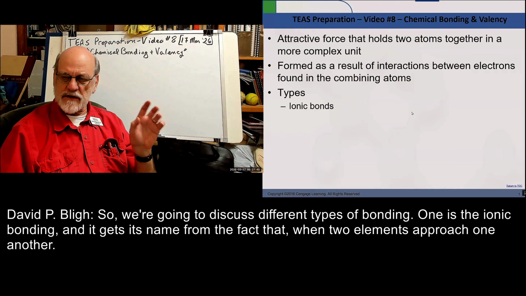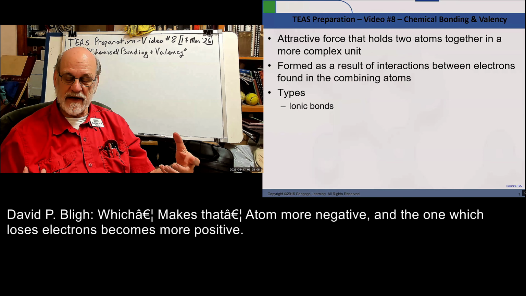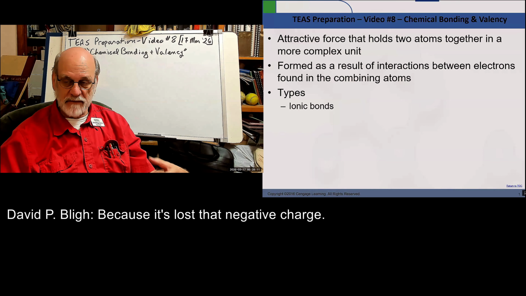So we're going to discuss the different types of bonding. One is the ionic bonding. And it gets its name from the fact that when two elements approach one another, one of them transfers electrons to the other, which makes that atom more negative, and the one which loses electrons becomes more positive because it's lost that negative charge.